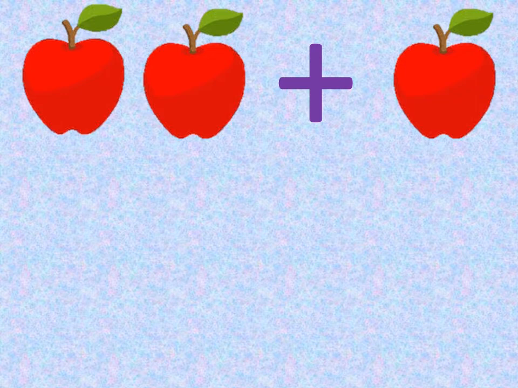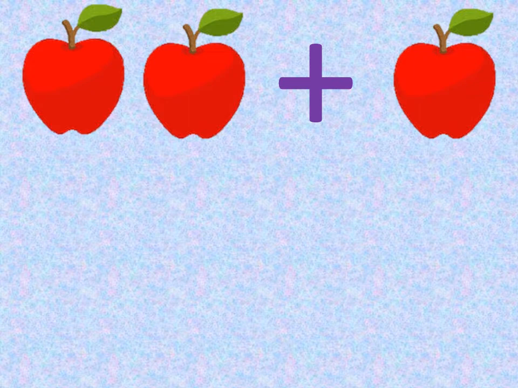Can you see this one? There are apples with the plus mark. How many apples are there before the plus mark and how many apples are there after the plus mark? There are 2 apples before the plus mark. There is only 1 apple after it.